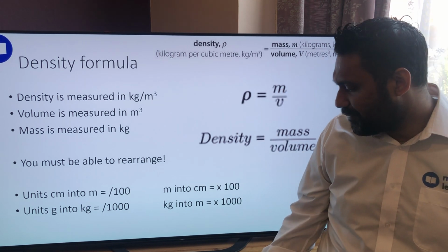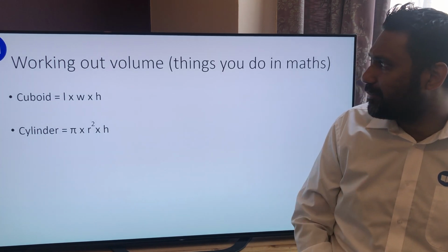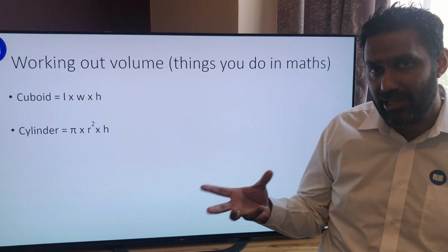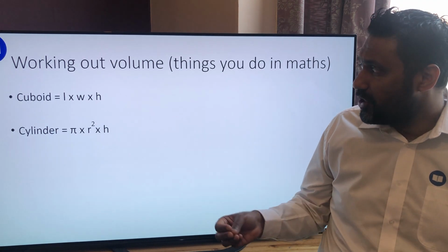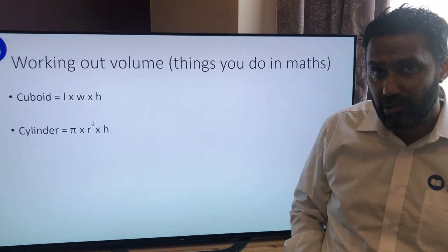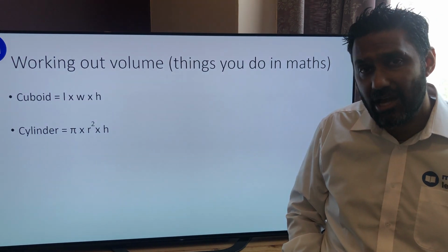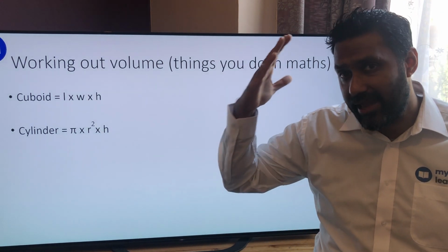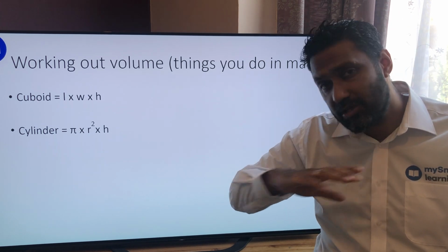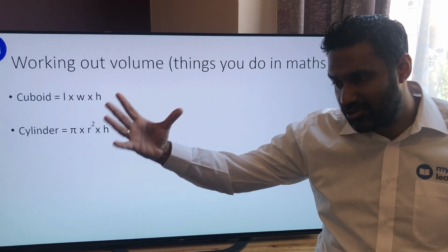How do I get the volume then? Well, for any regular shape, you need to know your formulae. For a cuboid, it's length times width times height. If it's any type of cylinder, you need to work out the area of the circle, then multiply it by how long the cylinder is.